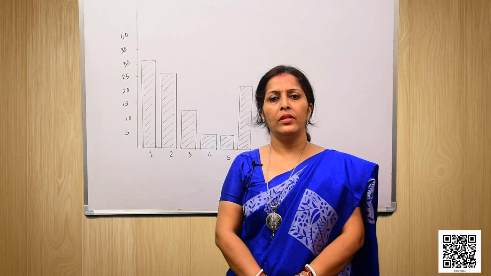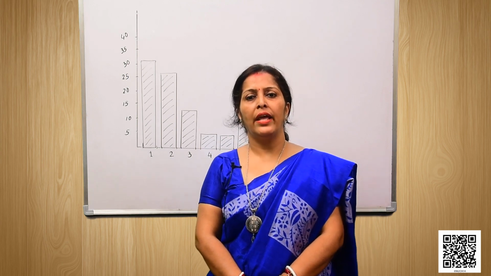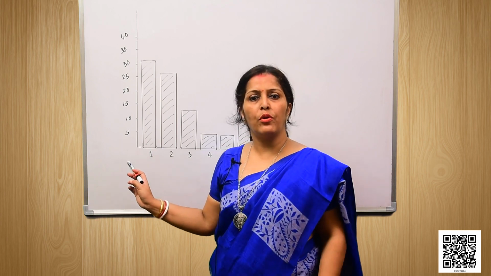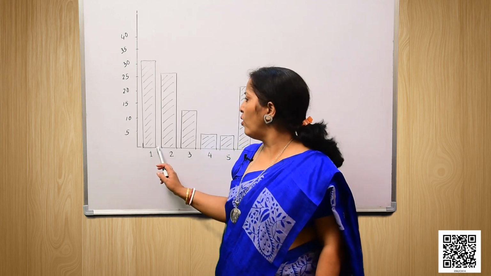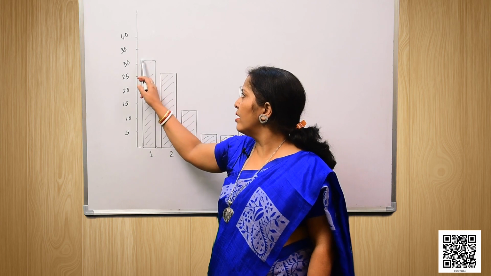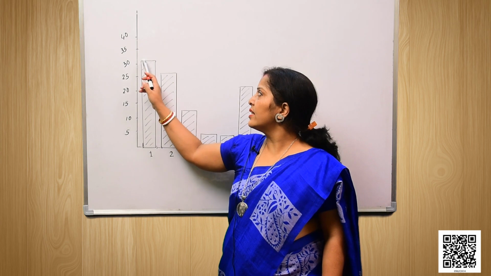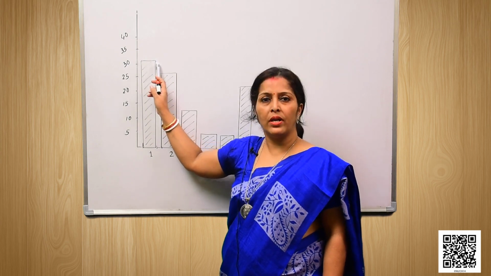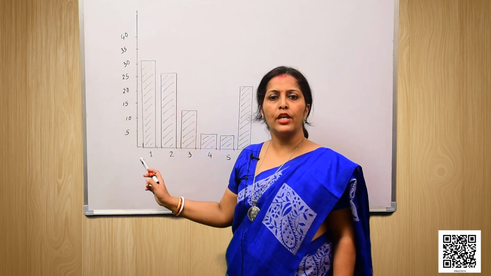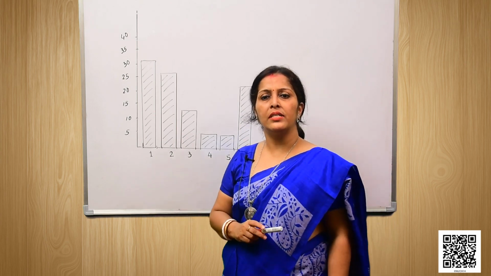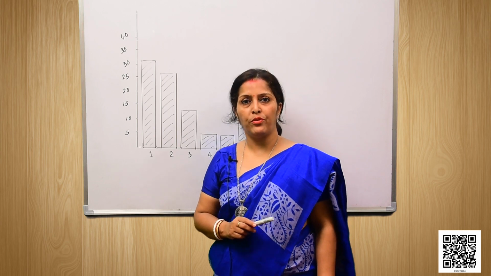So here is the solution for question number 1. The serial number 1 represents reproductive health conditions, and the percentage is 31.8. Here I have written 1, which represents the reproductive health conditions, and along with it we have drawn a bar graph up to the point 31.8. Our second point is neuropsychiatric condition, and the percentage for that is 25.4.